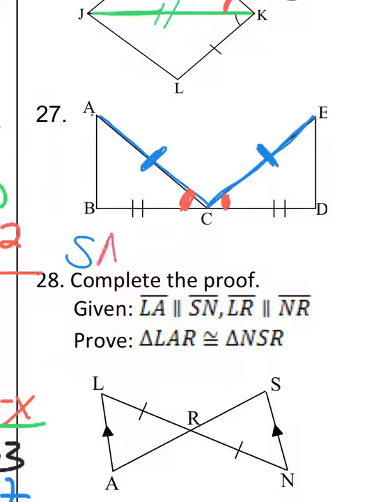That's an angle. And next, we have the side BC, which is marked with 2, and that's congruent to CD or DC here, so that's a side. So these triangles are congruent by side, angle, side.